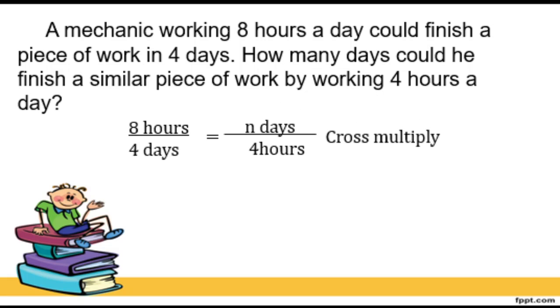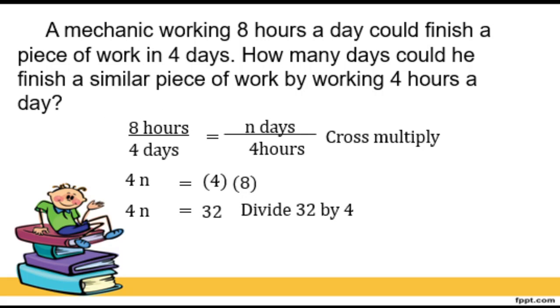And then cross multiply: 4 times n equals 4n, is equal to 4 times 8, which is 32. Then divide 32 by 4. So 32 divided by 4 is 8. So n is 8.